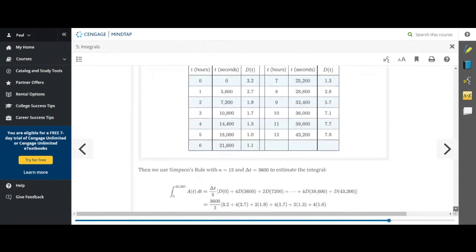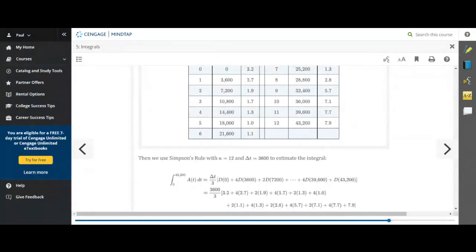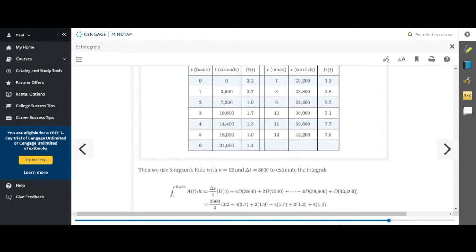And that's what they do below. So let me see, maybe I can make this a little smaller. I'd like to have everything show here. Take a look at Simpson's formula below. I don't have the whole formula shown there. Let me go up a little bit.